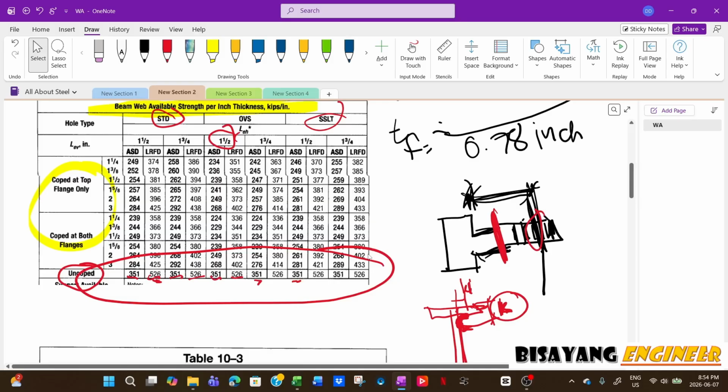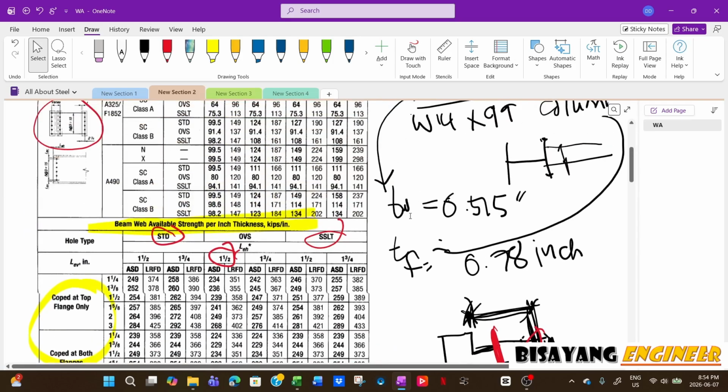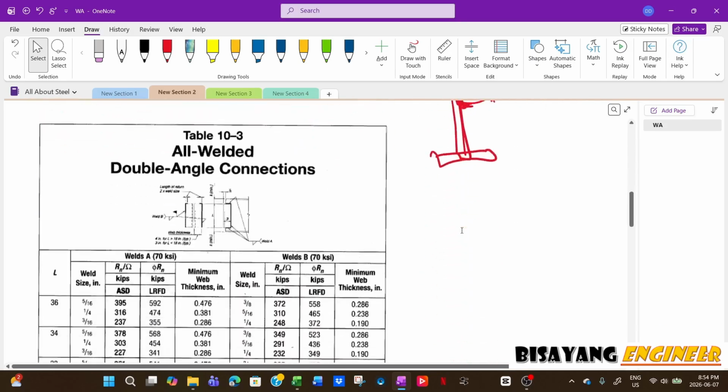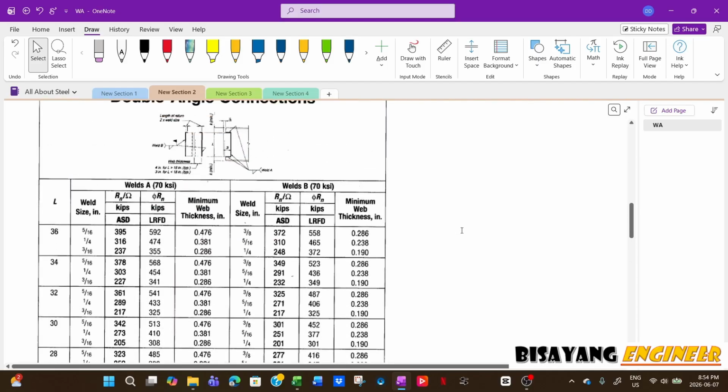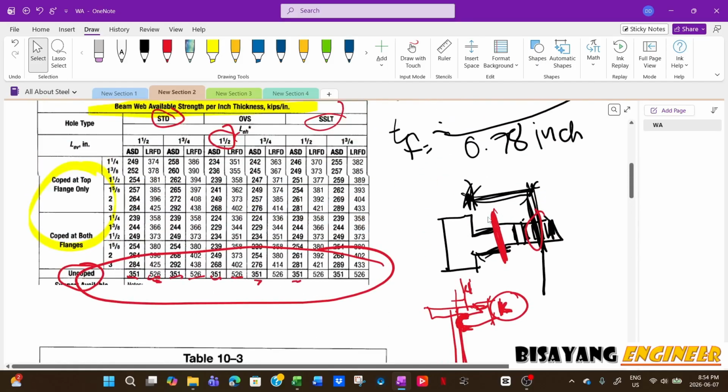All you have to do is get the reaction, determine the parameters, thickness of the web of the beam, and thickness of the flange of the supporting element. If the supporting element is a beam also, then instead of the thickness of the flange, use the thickness of the web. So it's the same. So that's it for the bolted connection.